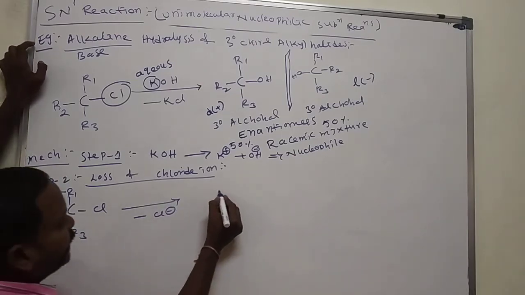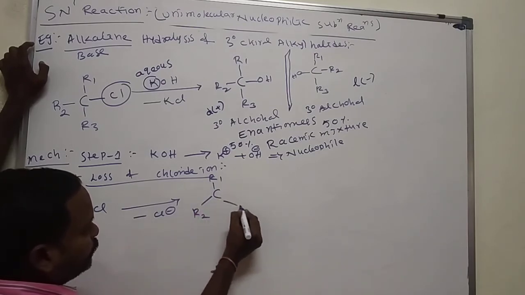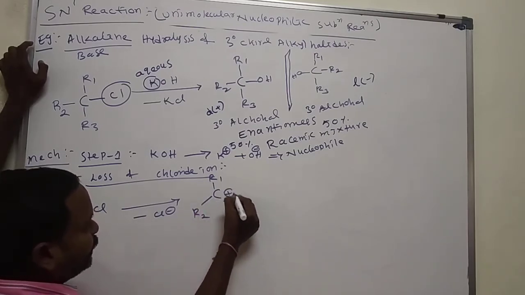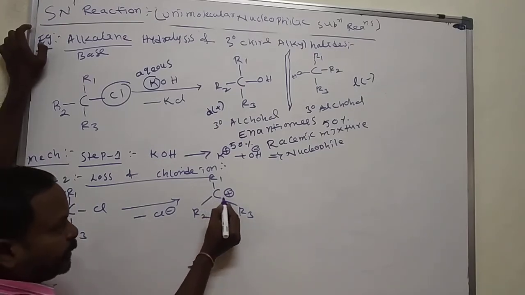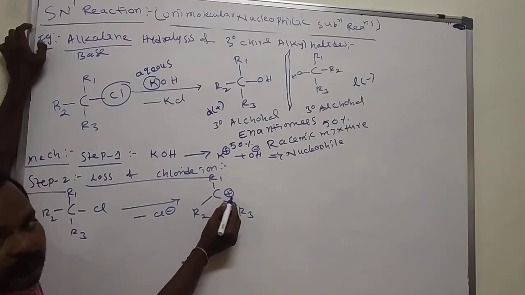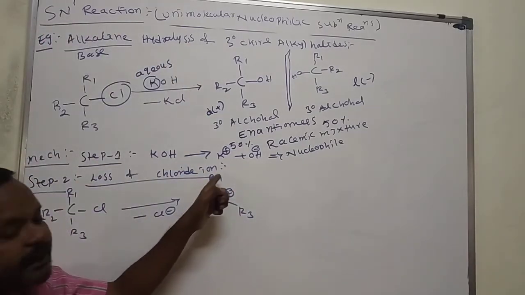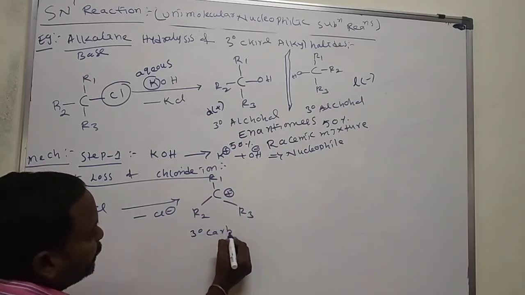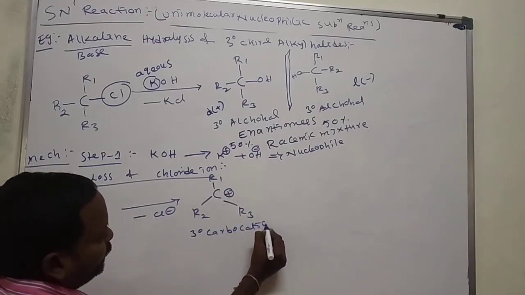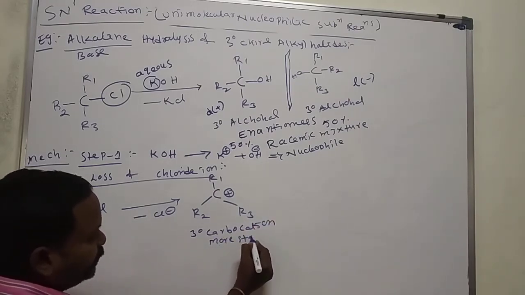What will we get here? We will get R1, R2, R3 with C plus. This is a planar tertiary carbocation. Here C plus means carbocation. It is attached to three alkyl groups, so it is a tertiary carbocation. This tertiary carbocation is more stable.